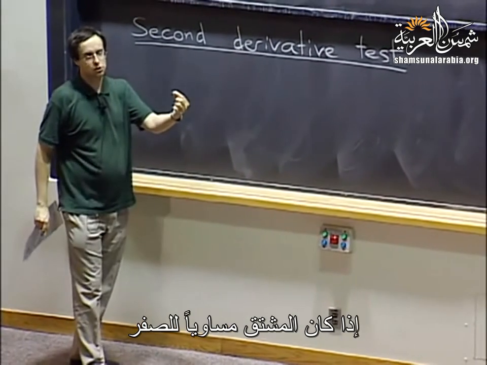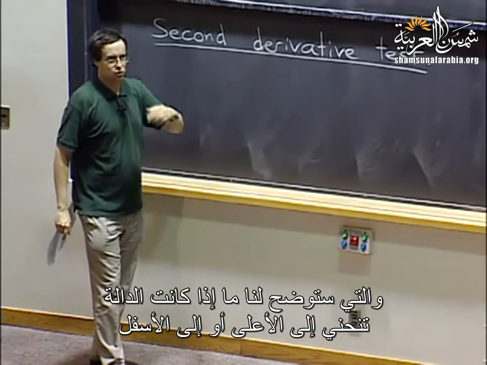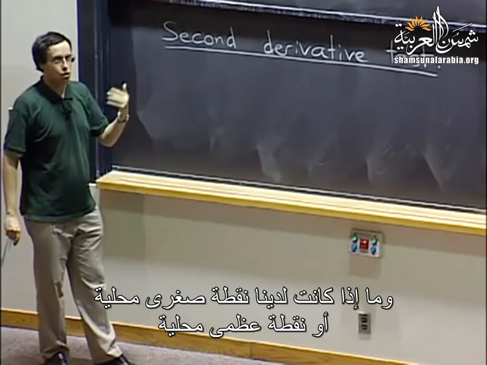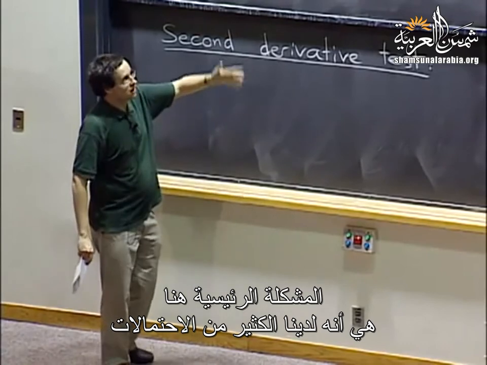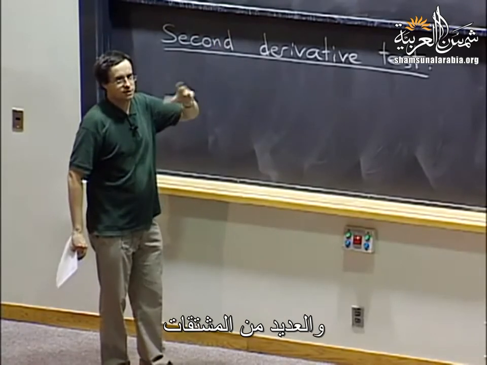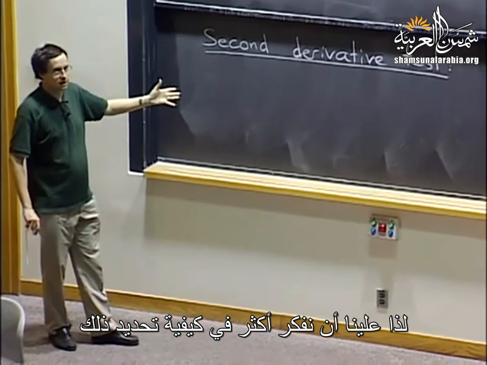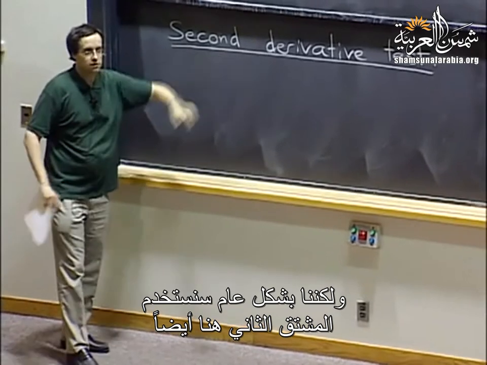If the derivative is 0, then you know that you should look at the second derivative, and that will tell you whether it's curving up or down, whether you have a local max or a local min. And the main problem here is, of course, we have more possible situations and we have several derivatives. So we have to think a bit harder about how we'll decide. But it will again involve the second derivatives.